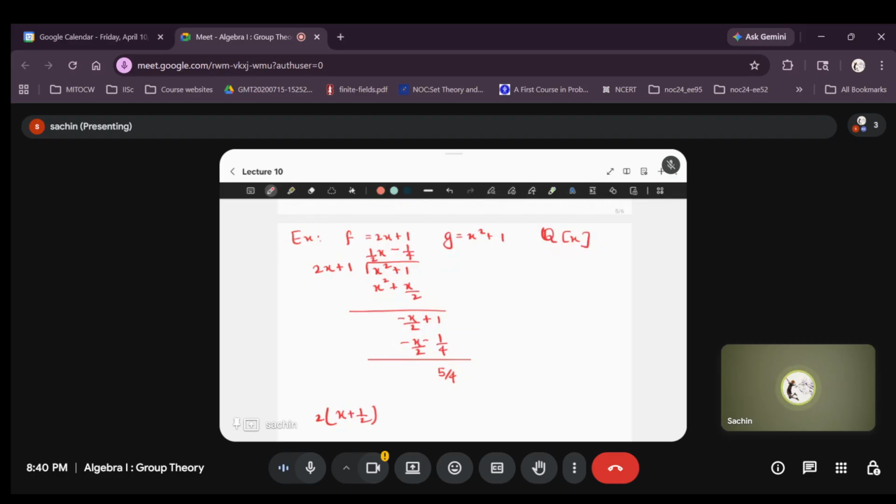It's the same as if you divide x squared plus 1 by 2 into x plus half, or if you divide it by x plus half.